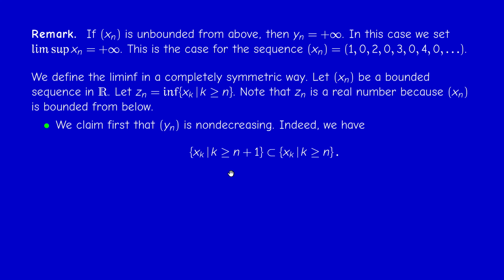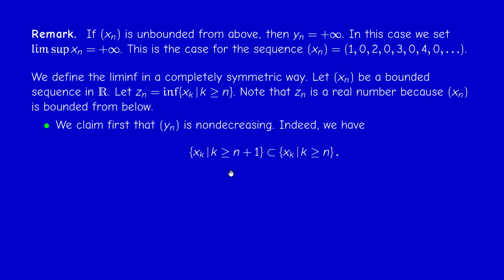So now we have an increasing sequence, and the assumption that xn is bounded implies that zn is bounded from above as well. So we have an increasing sequence which is bounded from above, and therefore it's convergent. And this limit is called the liminf of xn.